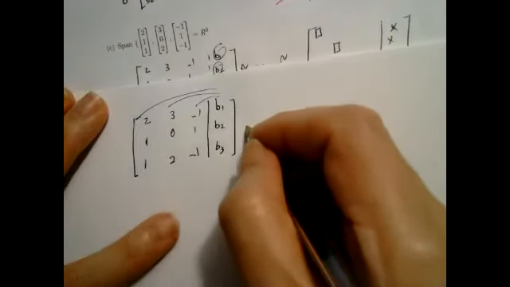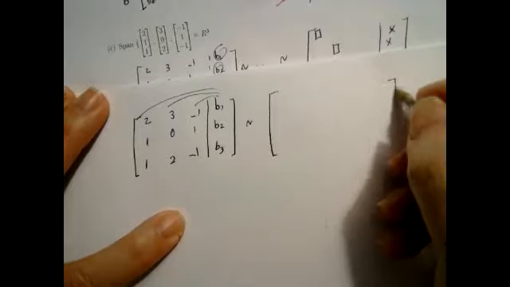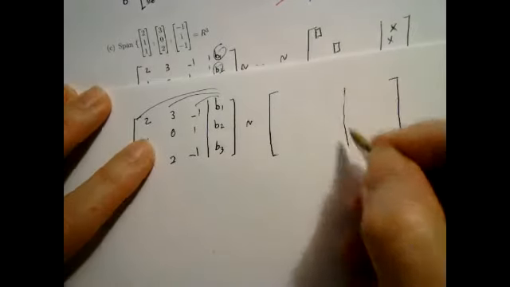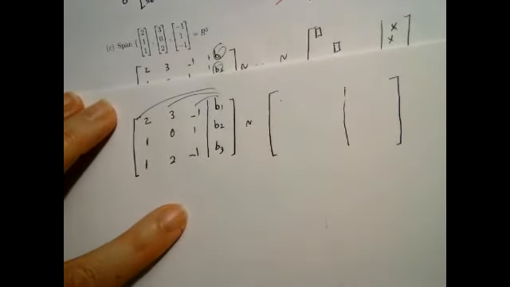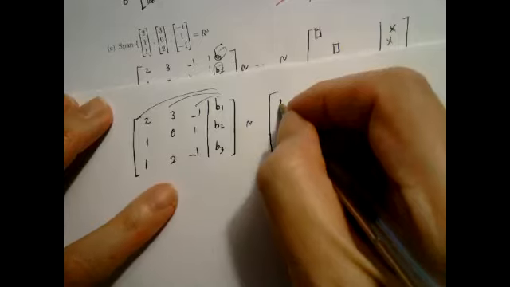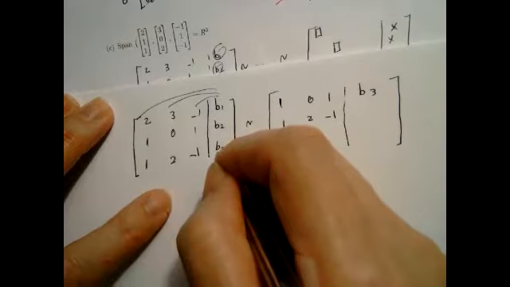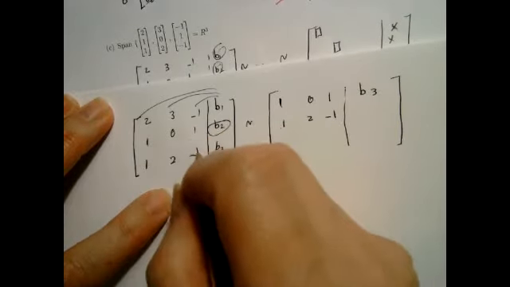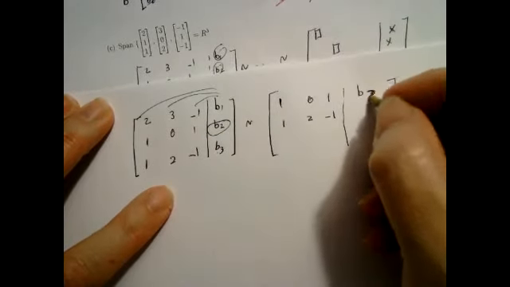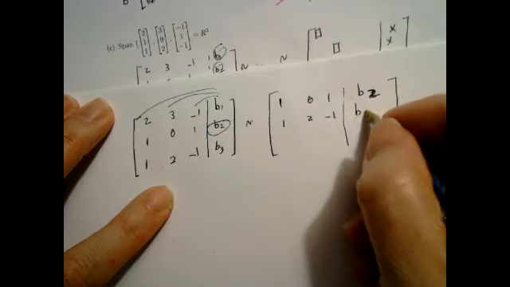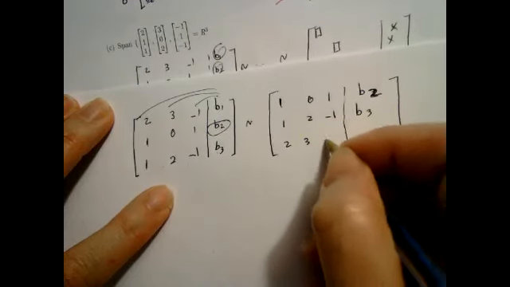So I reduce quickly and ask myself, can I always do it? So usually I have to flip here: 1, 0, 1, B1; 1, 2, minus 1, B2; 2, 3, minus 1, B3.